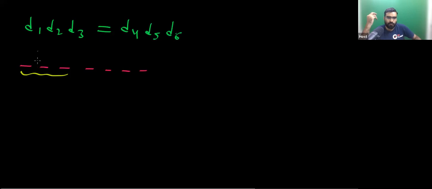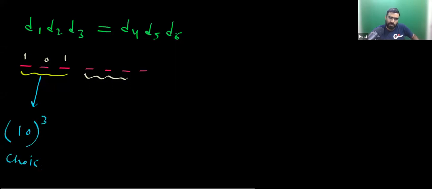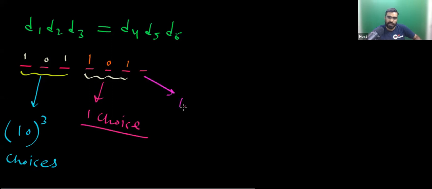For the first three, I can say there are total 10 to the power 3 choices. Once I put this here, do I have any choice here? There is only one choice. You have to repeat it. And here again, you have 10 choices.